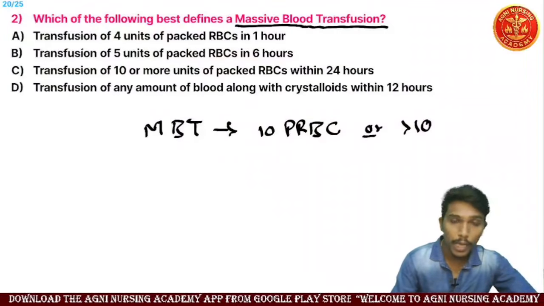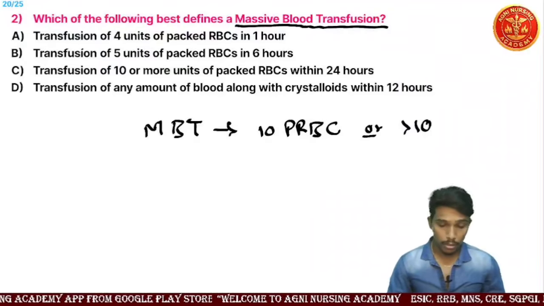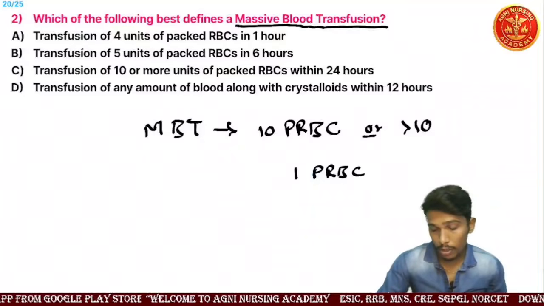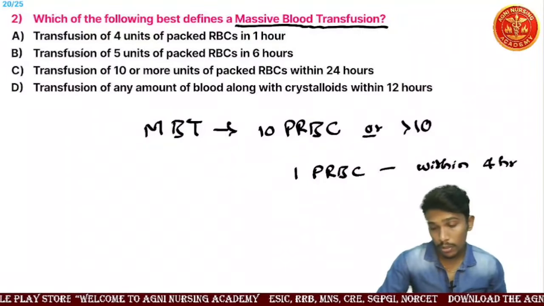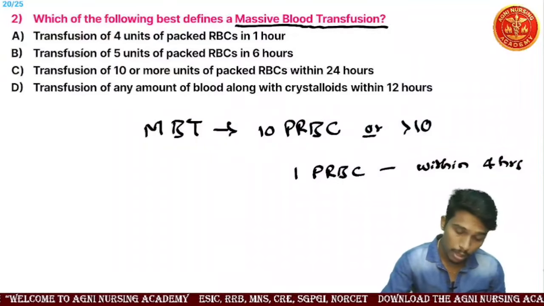Normally we infuse 1 PRBC within 4 hours. So this is not the answer, this is the wrong answer.